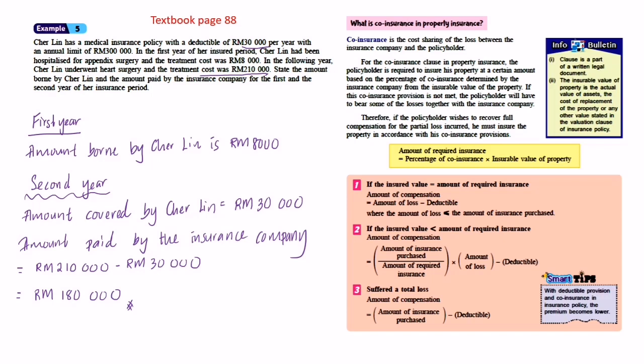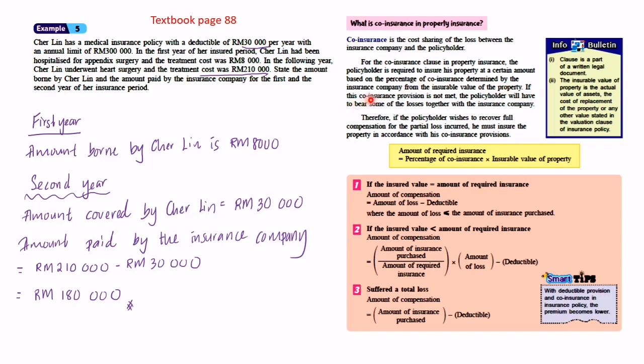Going to learn what is co-insurance in property insurance. Co-insurance is the cost sharing of the loss between the insurance company and the policyholder. For the co-insurance clause in property insurance, the policyholder is required to insure his property at a certain amount based on the percentage of co-insurance determined by the insurance company from the insurable value of the property.